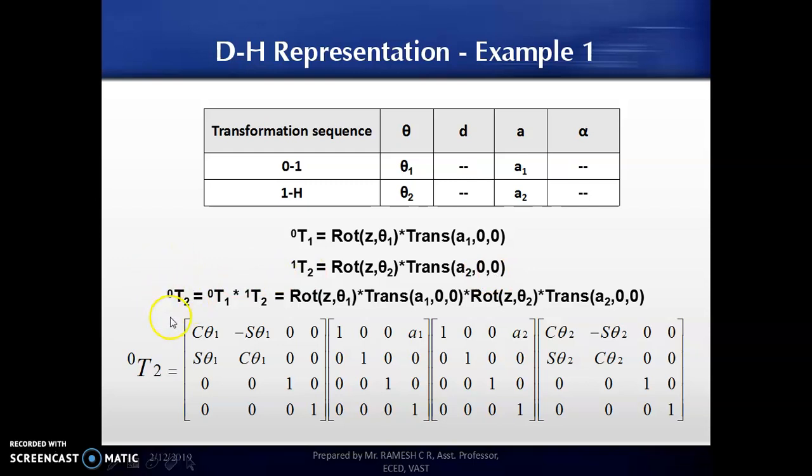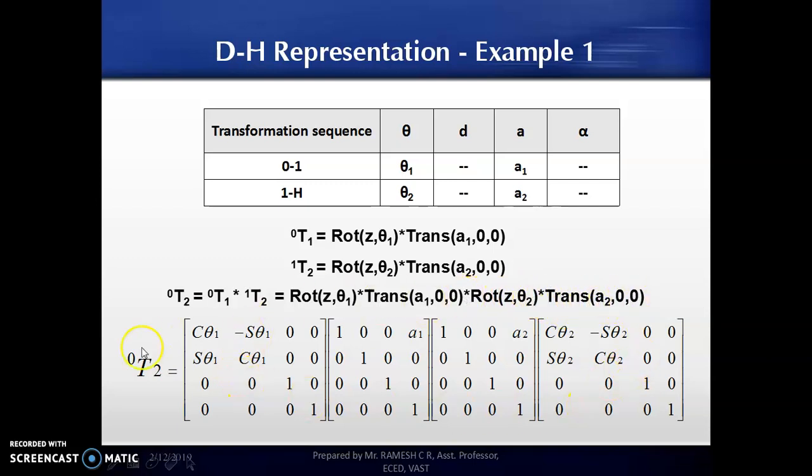To obtain the entire transformation equation from joint 1 to joint h, marked as 2 here, I need to multiply these two individual transformation equations. This gives me rotation about z by theta 1, multiplied by translation of a1, 0, 0, multiplied by the second set, rotation of theta 2 about the z axis, multiplied by translation of a2, 0, 0.